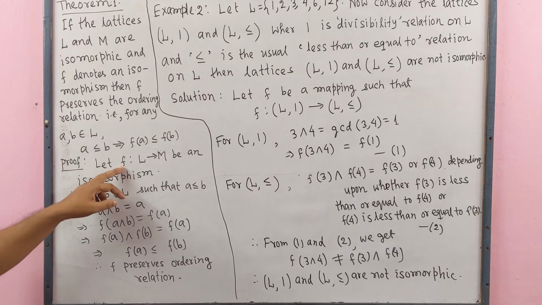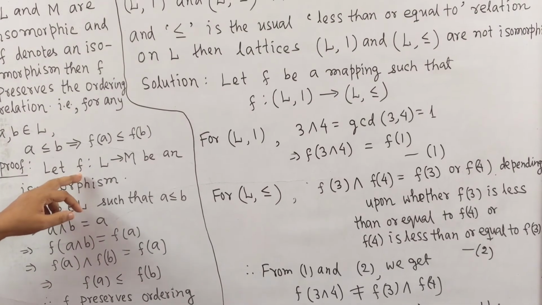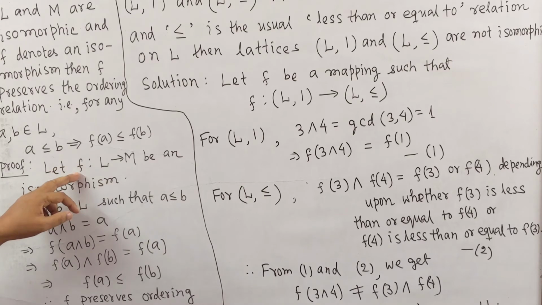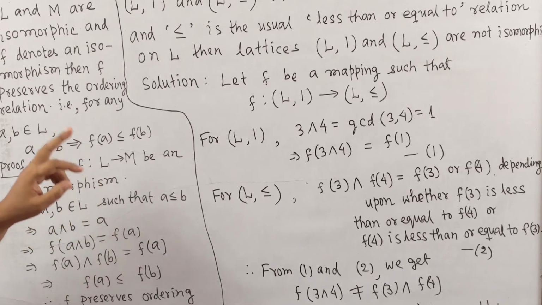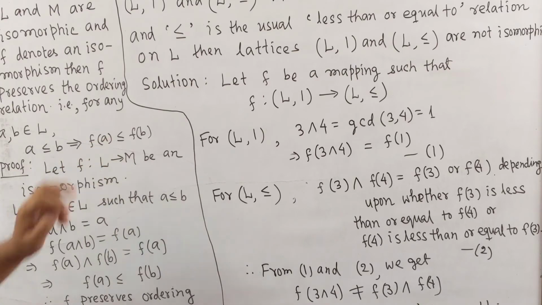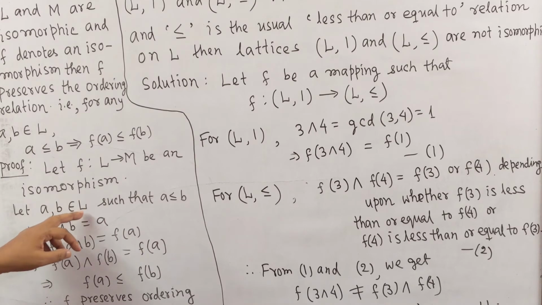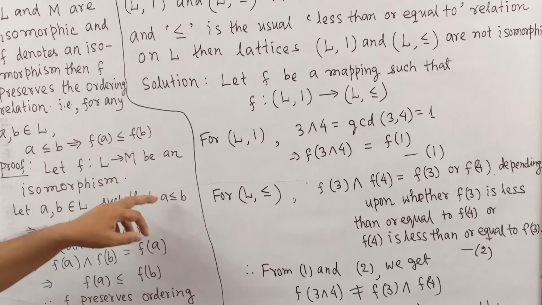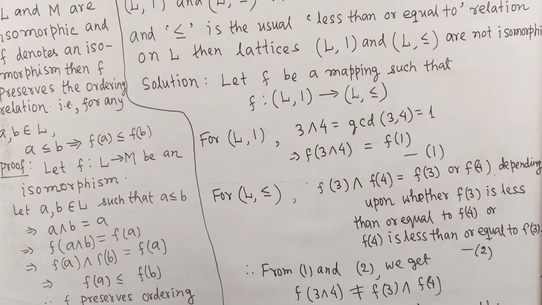Let F be a mapping and that mapping is isomorphism defined on L into M. Let small a, small b belong to L such that A less than equal to B. If A is less than equal to B, then we know that A meet B equal to A, the small element, in the case of meet.